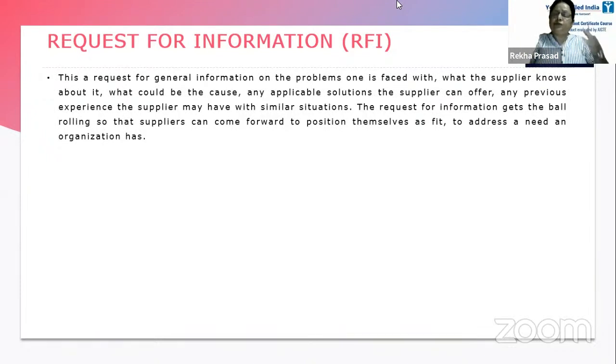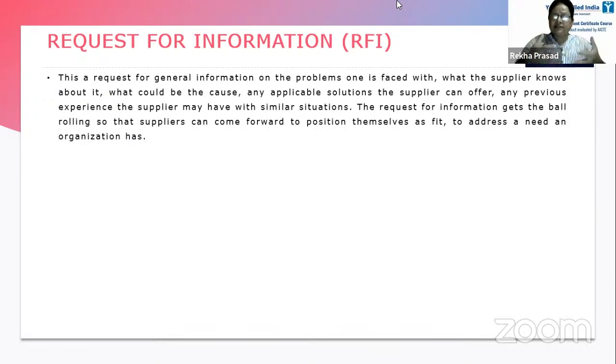Which one will be suiting your requirements? The request for information gets the ball rolling, and suppliers can come forward to position themselves to fit it. So with a request for information, you can ask them for things which they can supply. They can also give you alternative solutions to your problems.